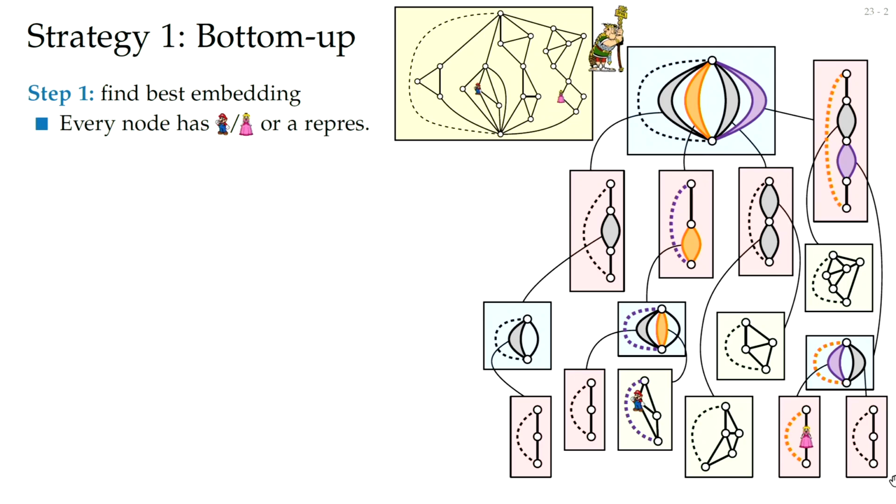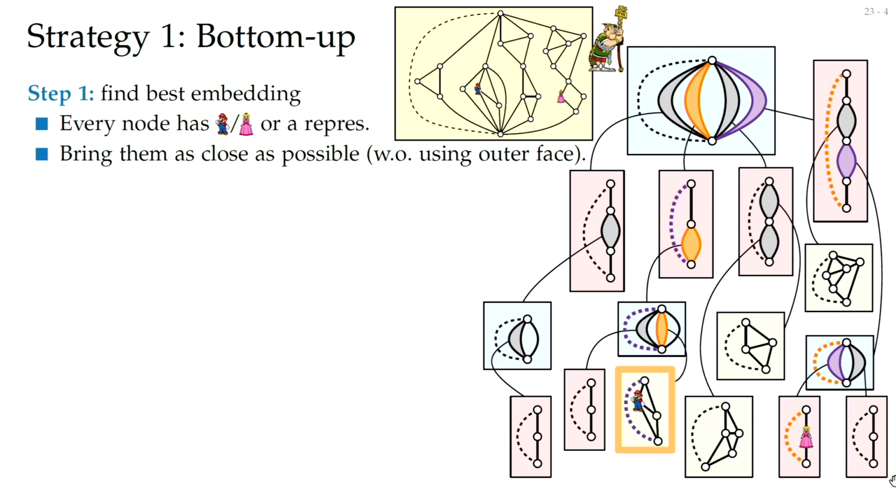So here we have Mario and the reference edge that points to Peach. Here we have the orange component that represents Mario, the reference edge represents Peach. So there's always 2 things. And these 2 we want to bring as close together as possible by potentially re-embedding the graph. Let's see. Here we have a rigid component. What can we do at a rigid component to change the embedding?